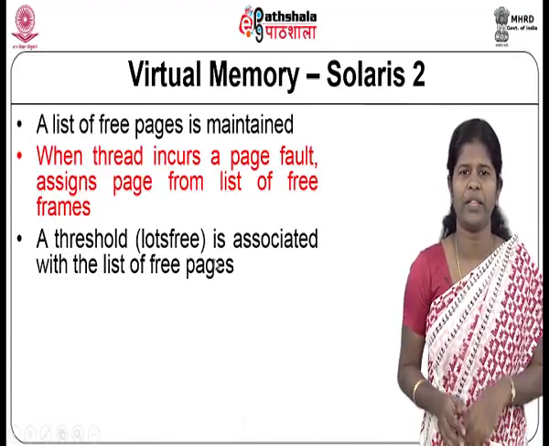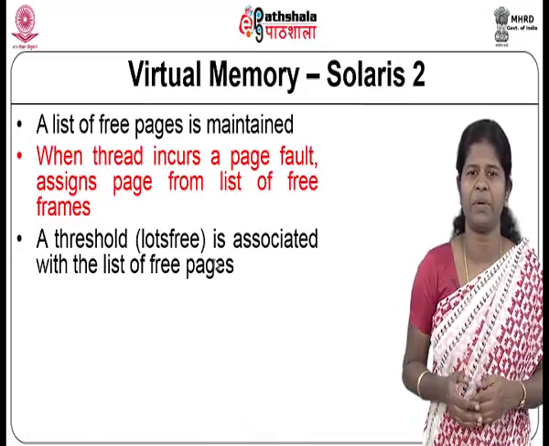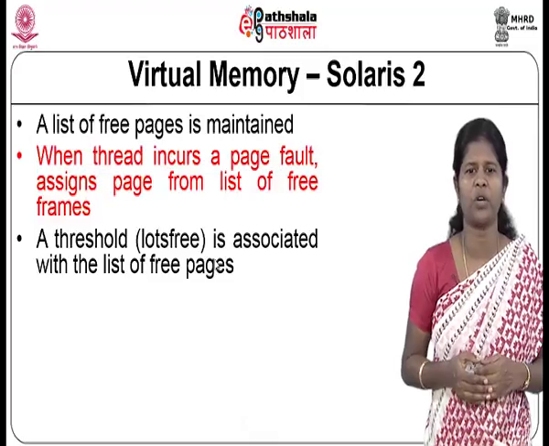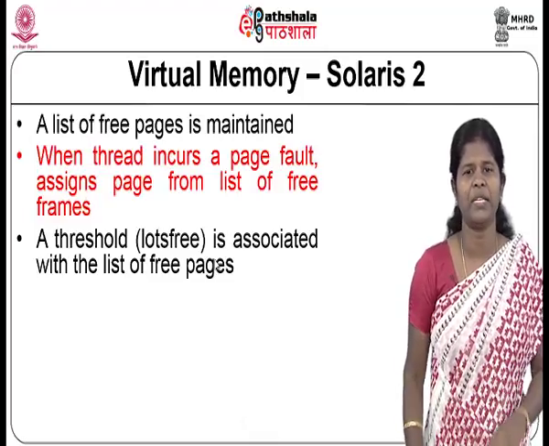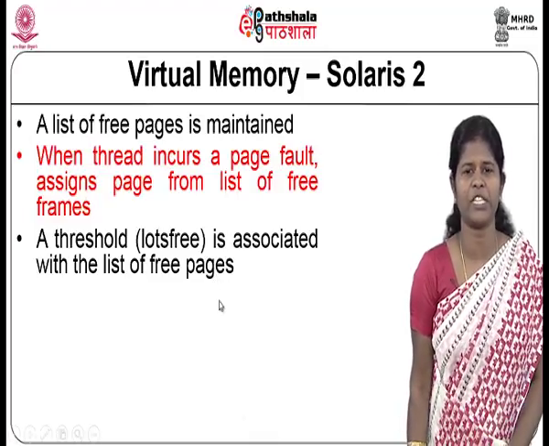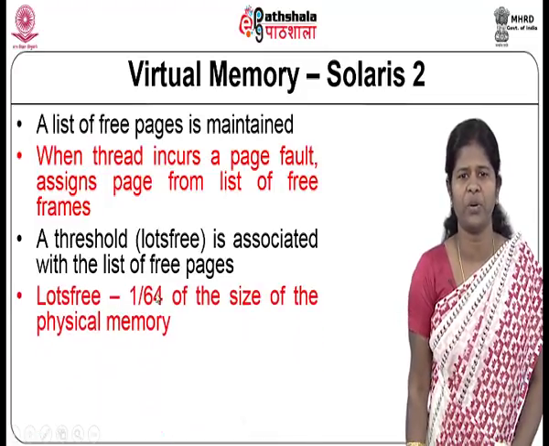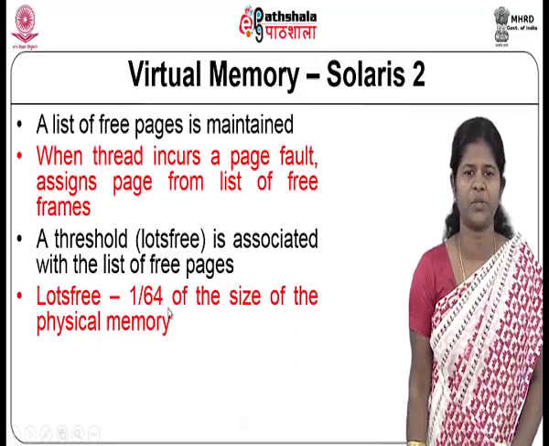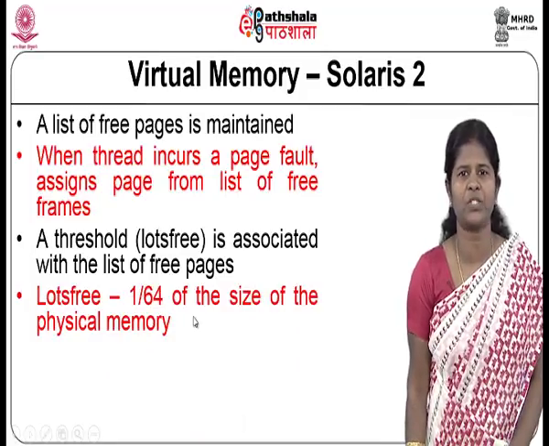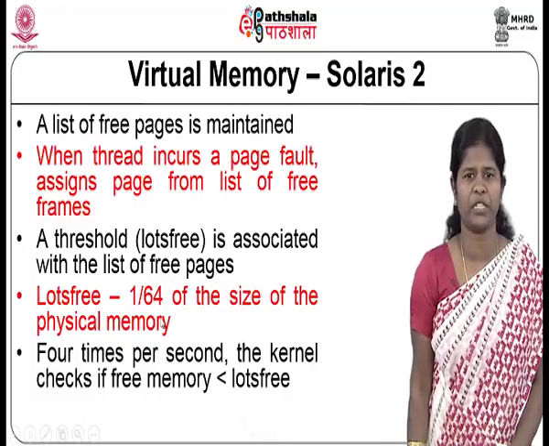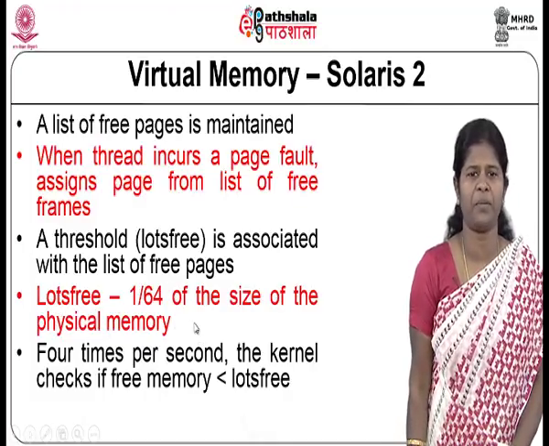And there are a few parameters that are maintained in the case of Solaris 2. One is a threshold called lots free, and this is associated with the list of free pages. So, what is this threshold value? It is approximately equal to 1 by 64 of the size of the physical memory. And what is the use of this threshold parameter?